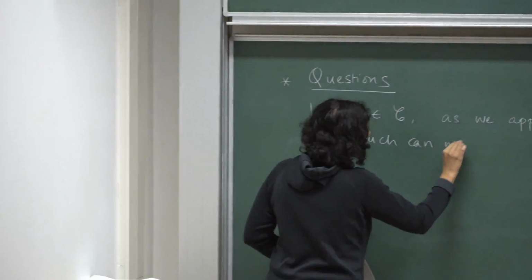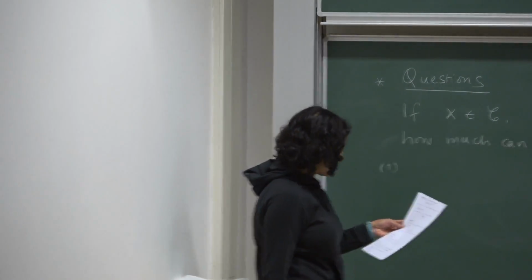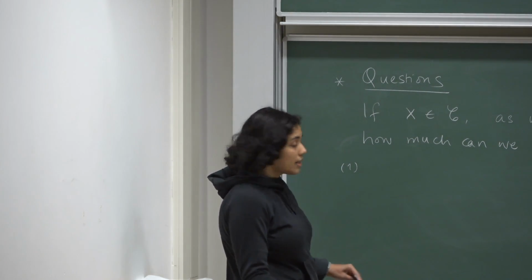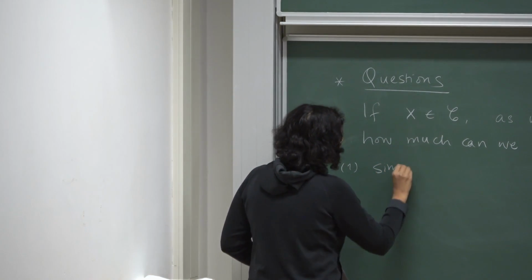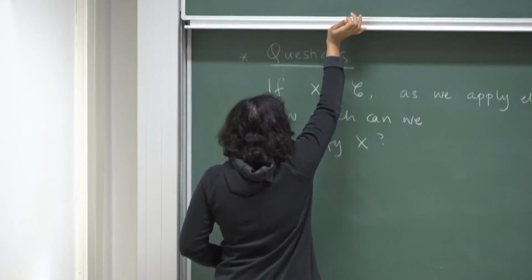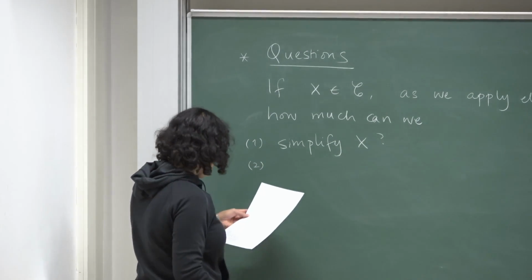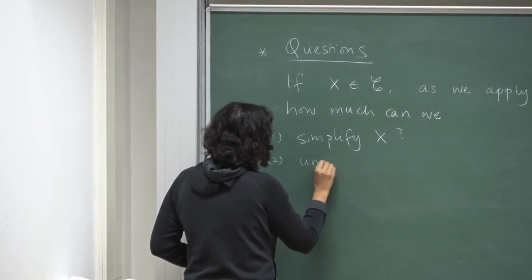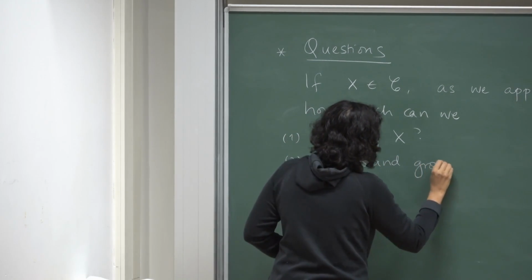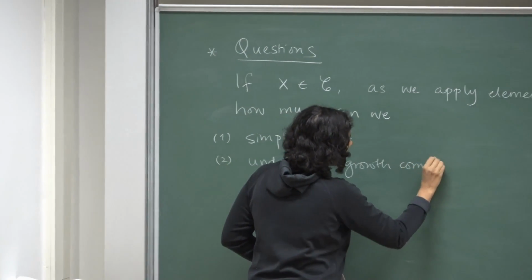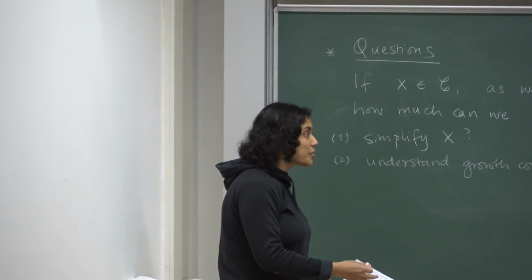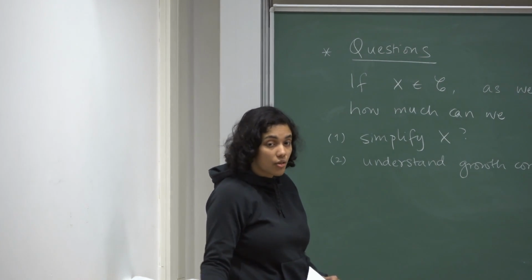If x is some kind of complicated object, we would like to simplify it by applying group elements. How much can we simplify x simply by applying group elements? Or we can go in the other direction: how much can we understand its group complexity? If x is a relatively simpler object and you apply group elements to x, how does it grow?